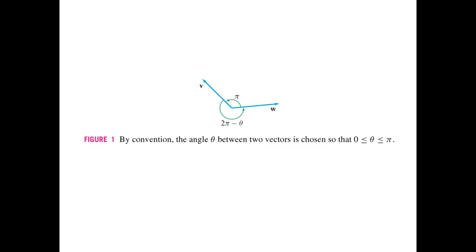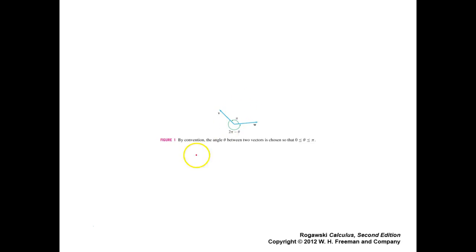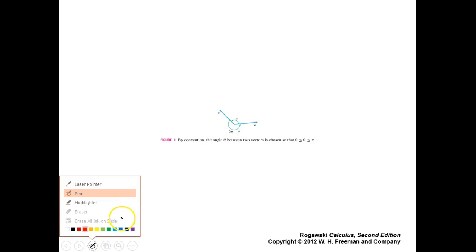This should be a theta there, and I'll go on and reduce it and then correct that. Let me get my pen back in dark color. This should be theta, not pi. Obviously that's not pi. So by convention, the angle theta between two vectors is always chosen to be the one that is either acute or obtuse. Nothing beyond 180 or pi.